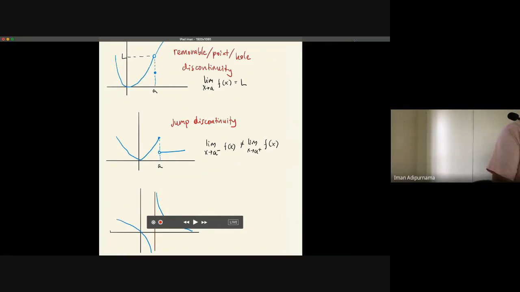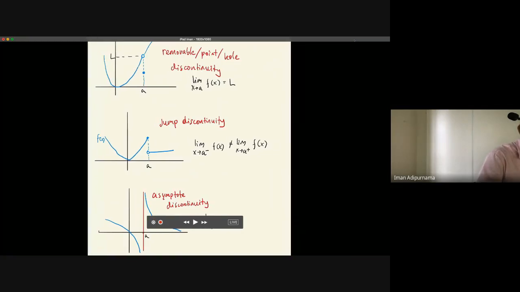You have the asymptote. So A. Okay, so the limit as x approaches A from the left, you can say it's going to negative infinity, or just write unbounded.